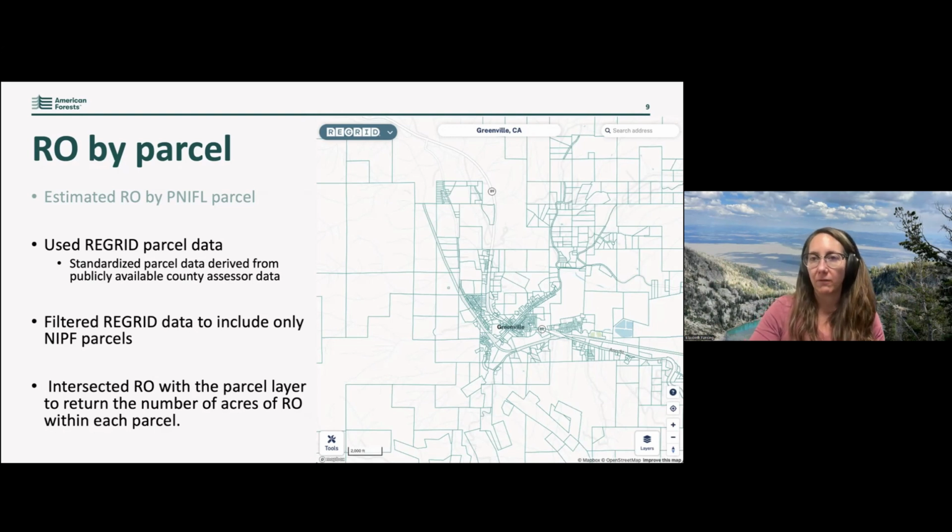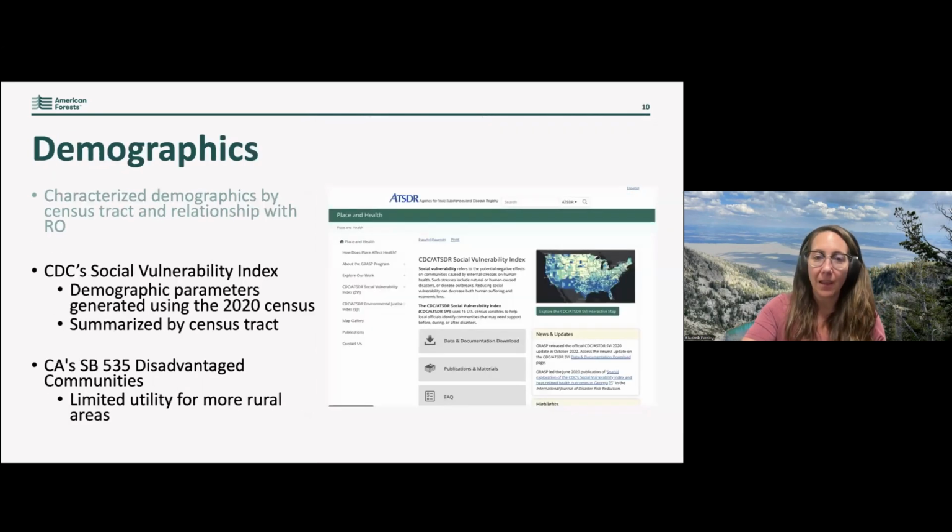So we used this information to identify what we thought were private non-industrial forest lands and then intersected where we thought the reforestation opportunity was, such that it only covered those parcels where there was reforestation opportunity and we thought the parcel was private non-industrial. Once we have that, that's essentially our reforestation opportunity across these private non-industrial lands.